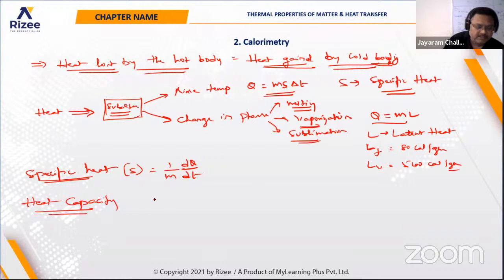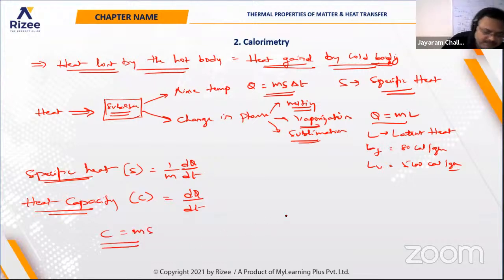Heat capacity is represented by H or C, anything like this. Heat capacity C is simply dQ by dT. The relation between the heat capacity and the specific heat is C is equal to ms. So this is the thermal capacity or the heat capacity, equal to the mass into specific heat.